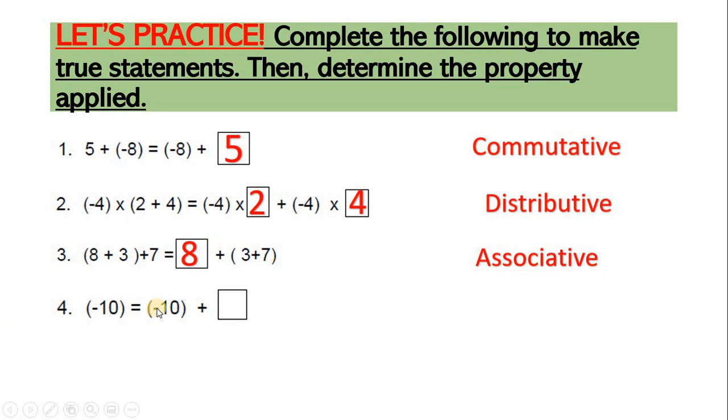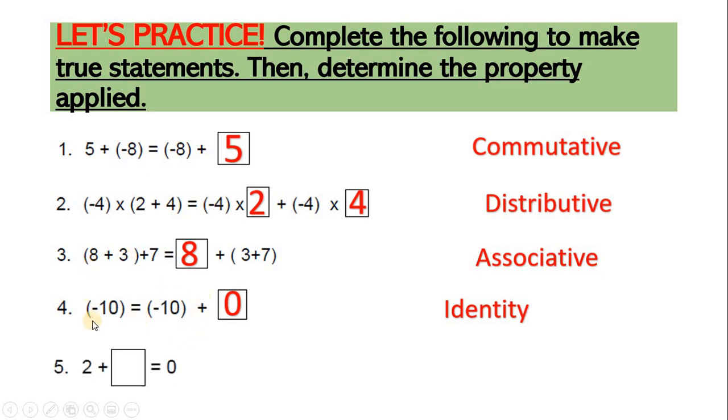Fourth one, negative 10 is equal to negative 10 plus blank. This is 0. Okay? So what is the property? Identity property. Diba? Kasi nga, any number that we add to 0, the sum will be the given number.